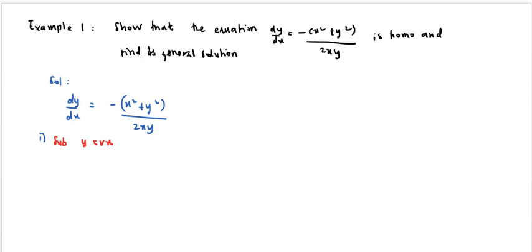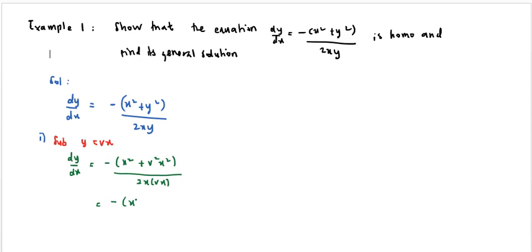So kita akan dapat dy over dx is equal to negative x square plus y, kita replace dengan vx, so kita akan dapat plus v square x square over 2x vx kat sini. Okay, alright, and then yang ini you can expand.